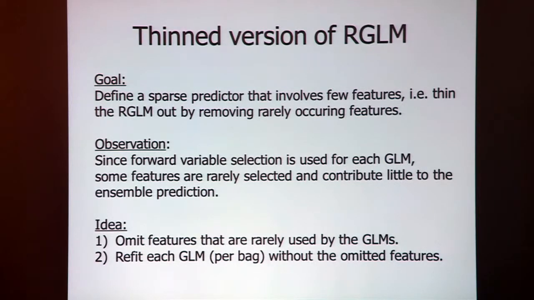Remember that you have these 500 logistic regression models, for example, and each of them may involve 3 to 5 genes, but there will be some genes that occur only once, right? They are only present in one of these 500 models. And so then you say, oh, come on, I don't really need that gene, I'll drop it, and I refit the model. And that's the idea.